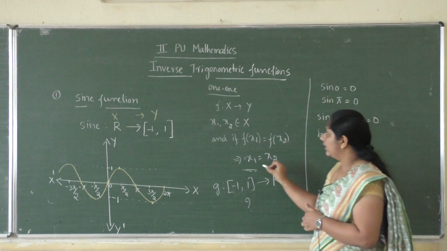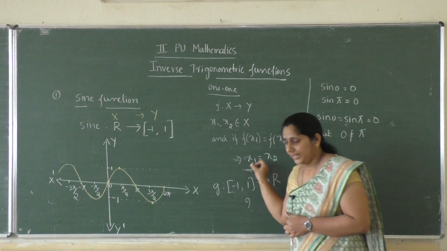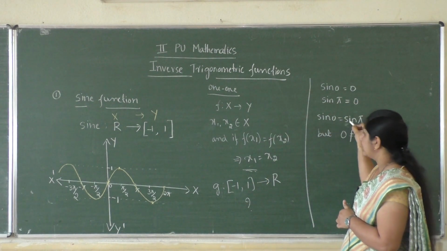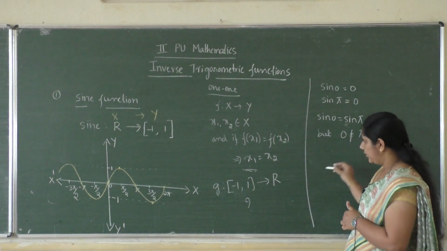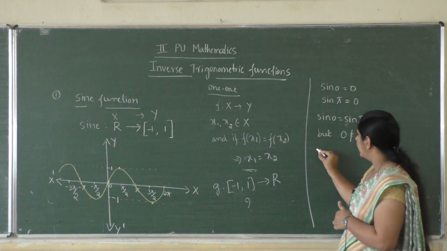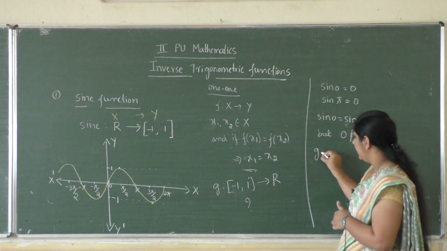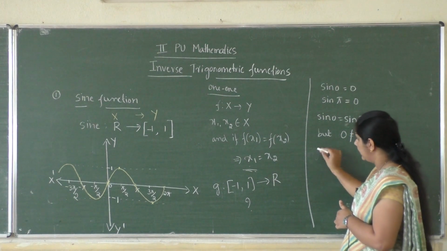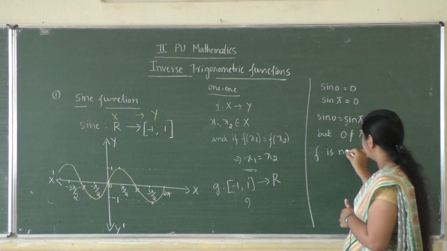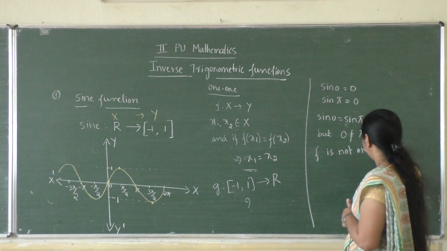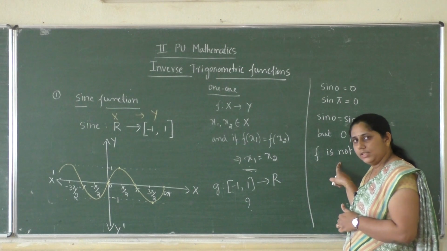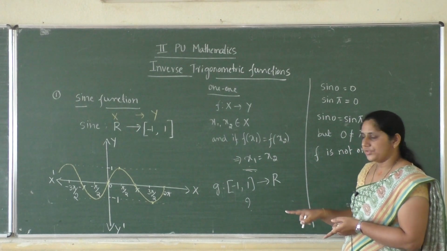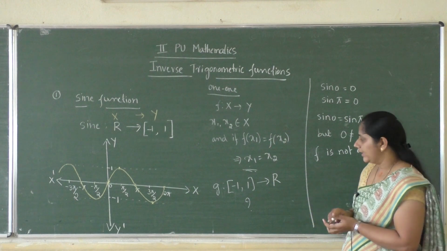Then the one-one condition is not satisfied here. See, f of x1 equals f of x2, but x1 is not equal to x2. So here the function f is not one-one. Here f is the sine function. So if f is not one-one, then the inverse of the sine function cannot be defined, correct?